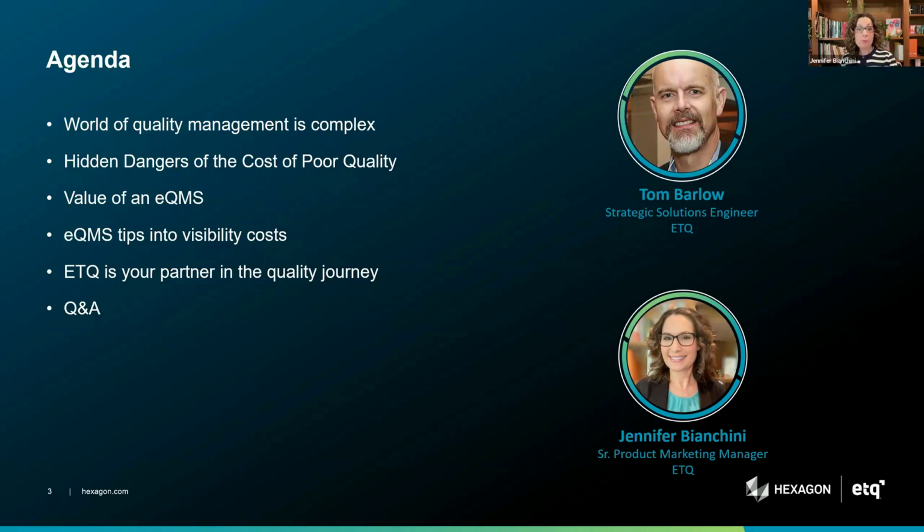And then Tom will provide you with some tips for using an EQMS to ensure everyone has visibility into the cost of quality. And then we'll do a quick wrap up so we have plenty of time at the end for your questions. So don't be shy. Enter those questions in the chat because this time's for you, helping you to be a quality champion. Okay, so let's dive in, shall we?